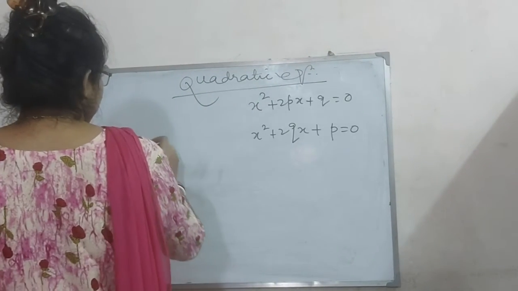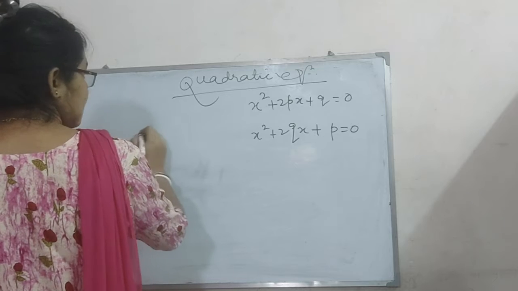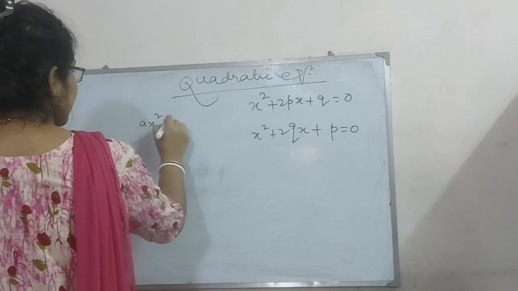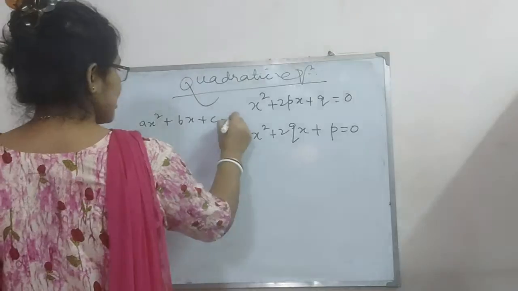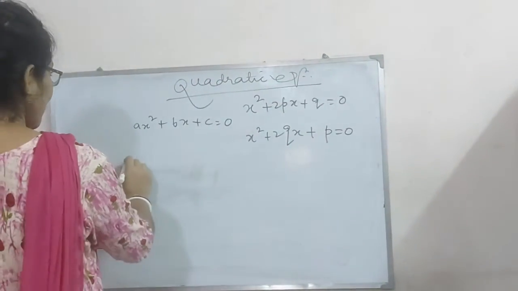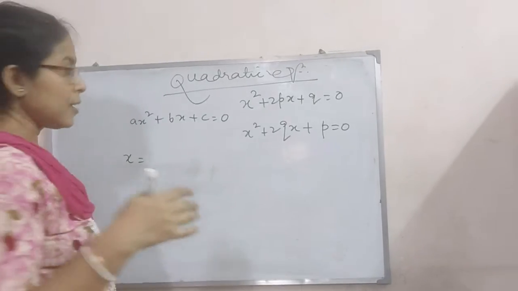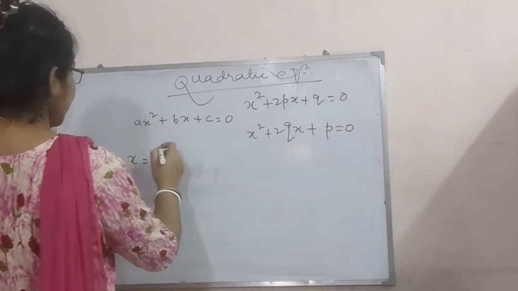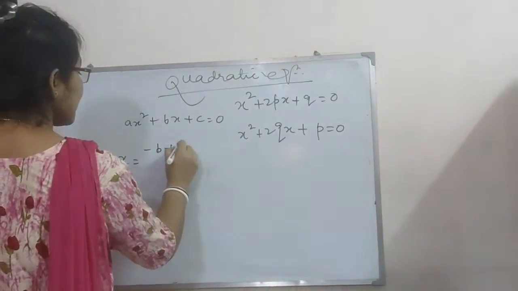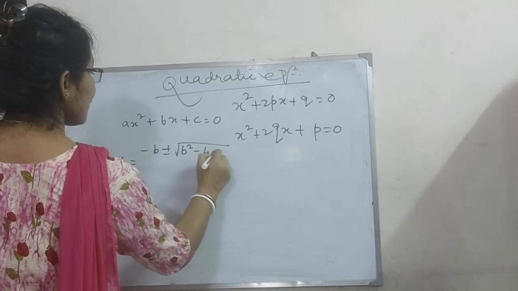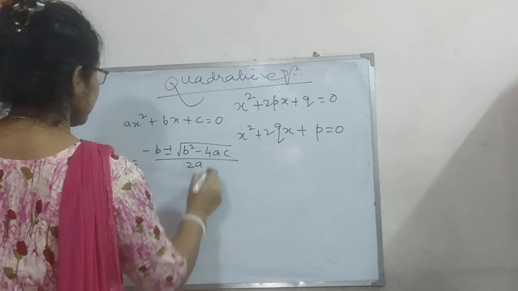If the quadratic equation is ax square plus bx plus c equal to 0, we know the two roots are, by Sridhar Acharya formula, minus b plus minus root over b square minus 4ac by 2a.